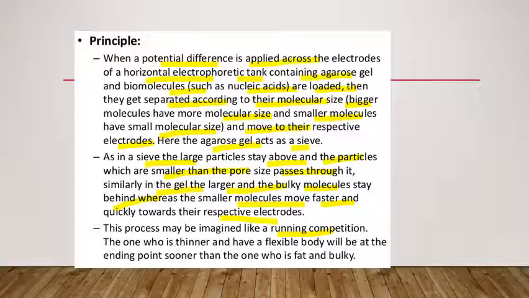The one which is thinner and has a flexible body will reach the ending point sooner than the one who is fat and bulky. So this type of movement and migration can be easily imagined, and according to this movement and migration, it allows the particles to arrange themselves in a gel.